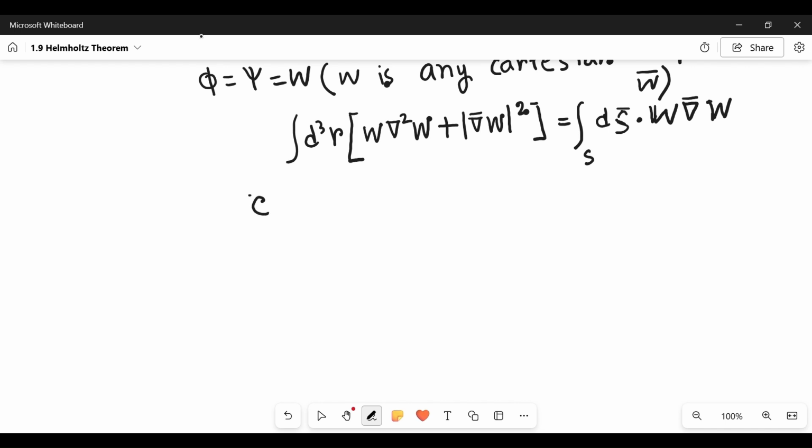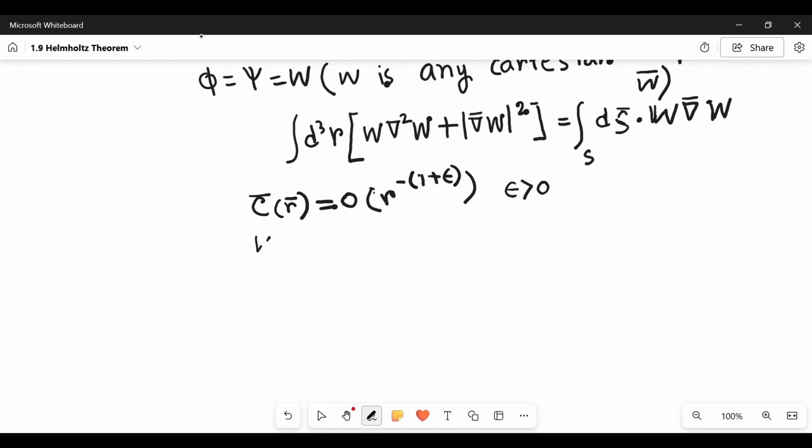Remember, the C of R was of order R to the power minus 1 plus epsilon, where epsilon was greater than 0.